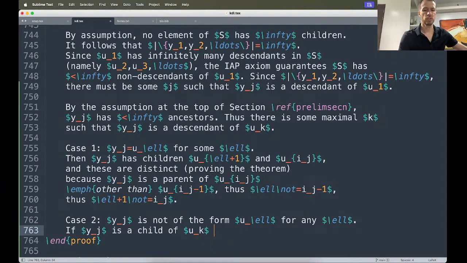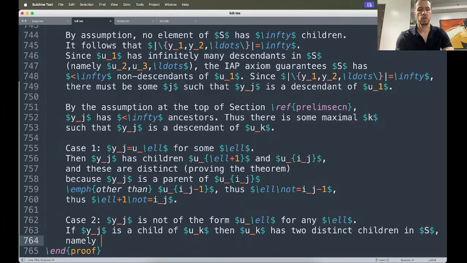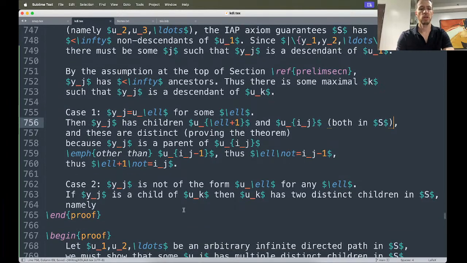Yeah, if yj is not of the form ul, if yj is a child of u sub k, then u sub k has two distinct children in S. Oh, in case 1, I should mention parenthetically that u_{l+1} and u_{ij} are both in S. If yj is a child of uk, then uk has two distinct children in S, namely u sub k plus 1 and y sub j. Distinct, by the assumption of case 2.